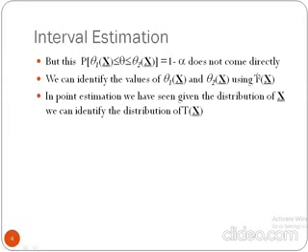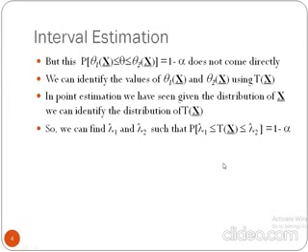So we try different methods and find some known distribution of T(x), and based on that we actually find two values lambda 1 and lambda 2 such that the value of T(x) falls within lambda 1 and lambda 2, and that probability is equal to 1 minus alpha. That means once we know the distribution function or the density function of T(x), lambda 1 and lambda 2 can be easily determined.